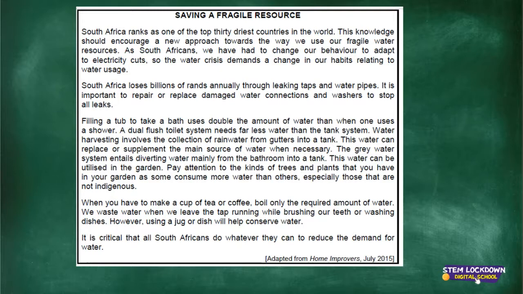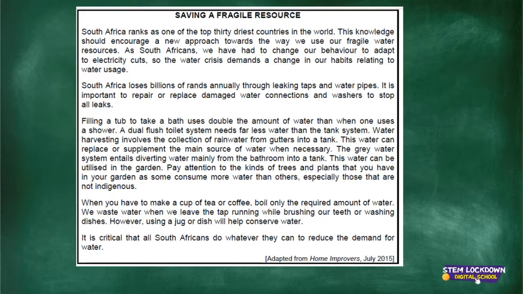Fix leaking taps and water pipes, or fix leaking pipes. Simple. Or you can write repair or replace damaged water connections. You have an answer there. Then we go on to the next paragraph.